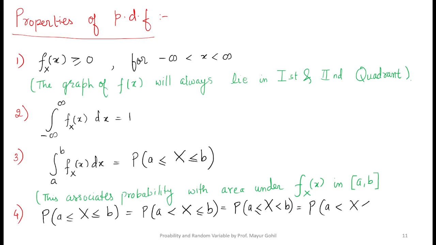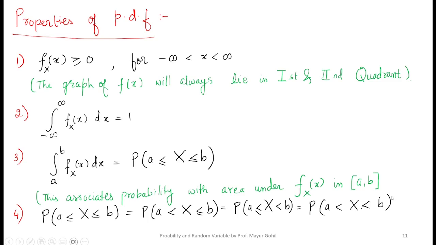The answer of probability is not going to change. It remains the same across all the cases, because probability, if defined in this manner, with integration at a particular point is always zero. So that is what it means here. We will not go into great detail of mathematics, because further concepts also come later, but these are some important properties that will help us.